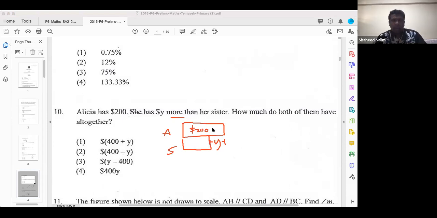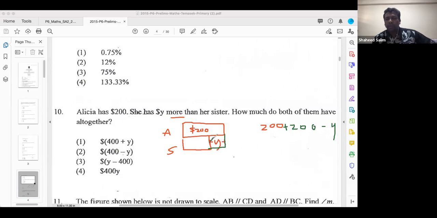So down here now, how to read this? This is 200. Okay, good. This one how? So how to write this one? So I suggest you do this. You allow it to be the same as 200. Later you minus the Y. So you plus another 200, and then after that you minus the Y. You minus this part here.